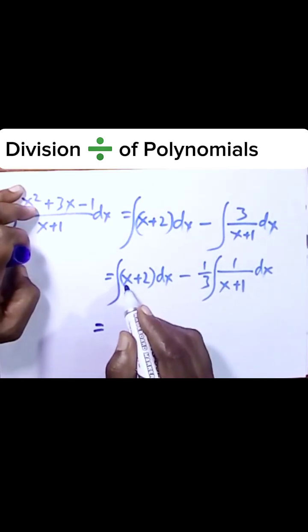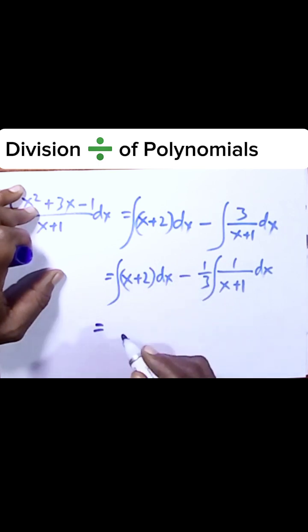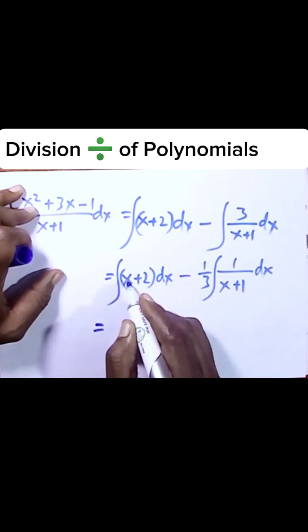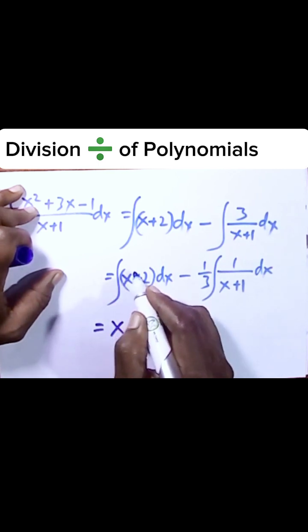So how do we integrate x plus 2 dx? This is simple. To integrate this, we simply say x, this is x raised to power 1.